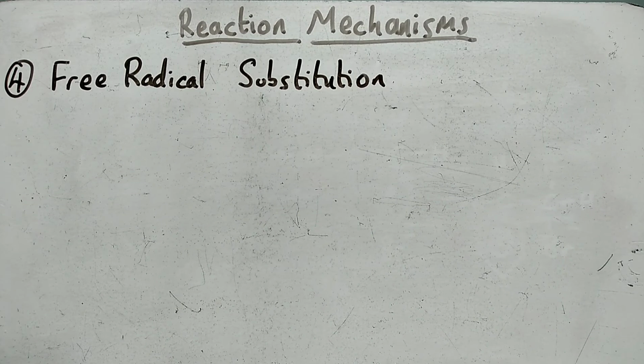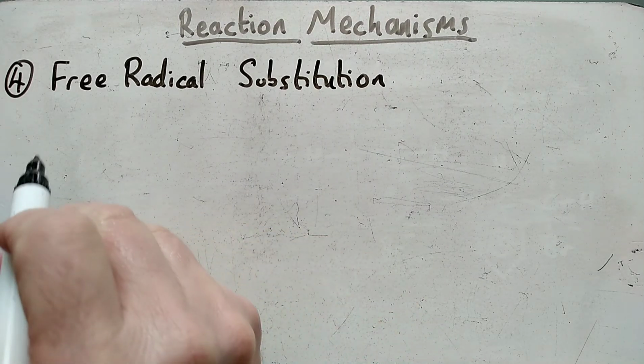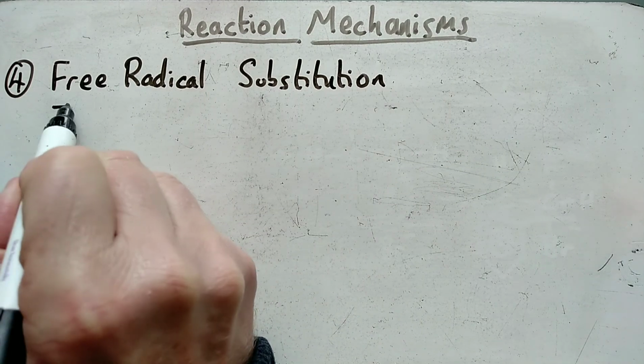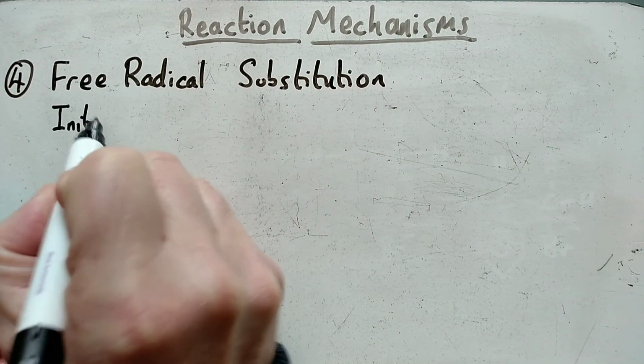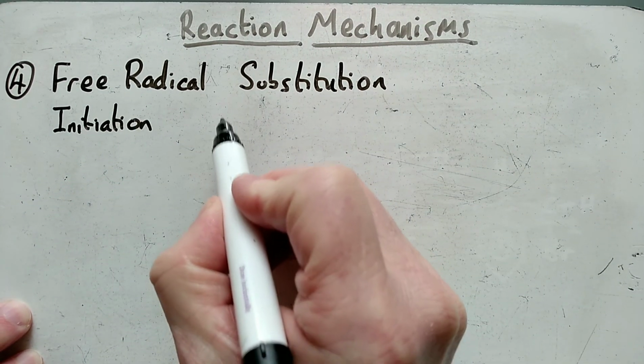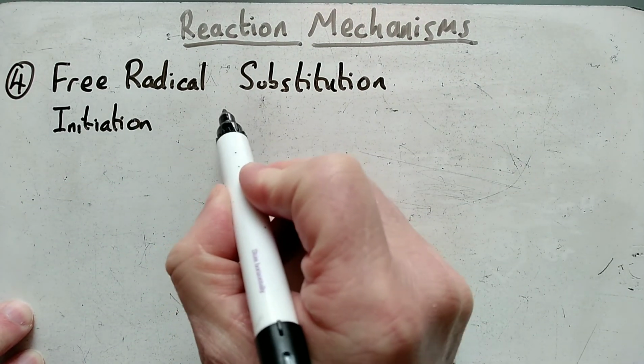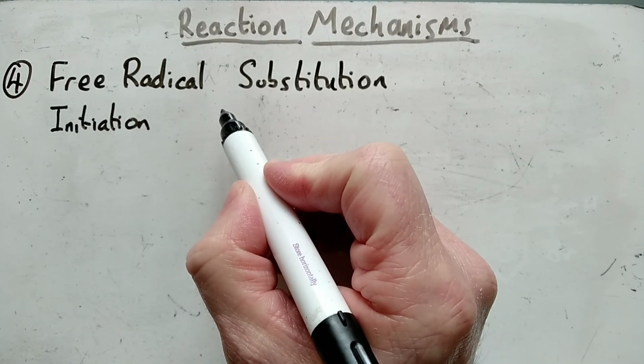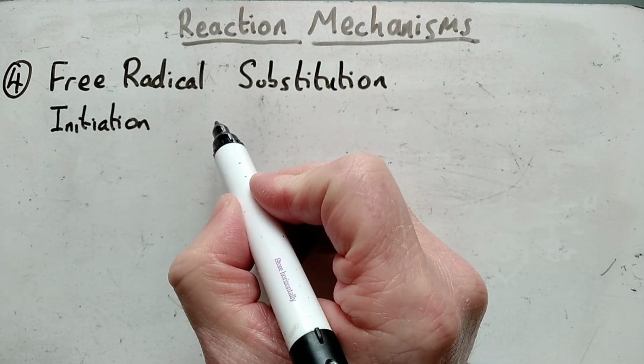In this one, we tend not to draw out the mechanisms with the curly arrows and everything in the same way as we do with the others. The equations are more important in this one. So we have 3 steps. Our initiation to start off with. Our initiation, and normally we would have a halogen, and that halogen can only really be chlorine, bromine or iodine.